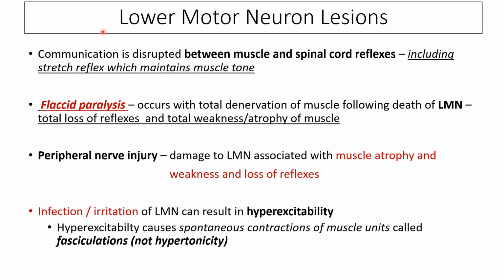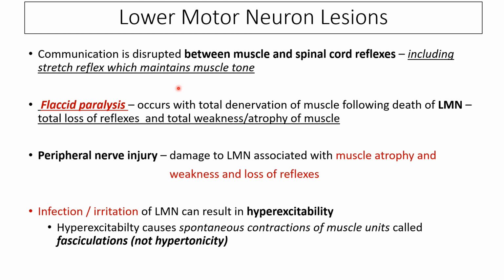On the other hand, when you have lower motor neuron lesions, there's a problem between the spinal cord and the target tissue, the muscle. So the motor efferents will be disrupted, and so this will affect the voluntary motor to that muscle as well as the reflexes, the spinal reflexes like the stretch reflex, which maintains muscle tone, will be affected as well.